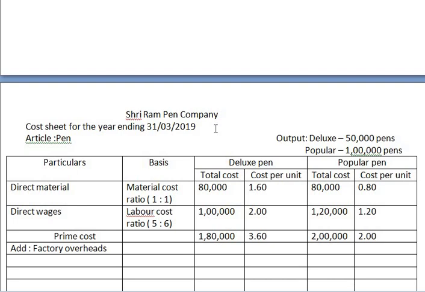Now here basis which is already given, 40 paise per pen for both. It means here a deluxe pen production is 50,000. 50,000 into 0.40. So that will be 20,000.